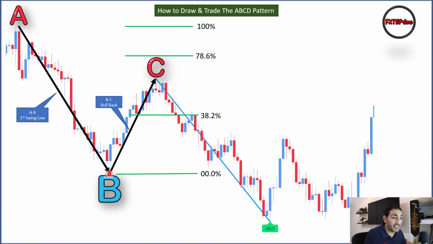I'm going to put the 0 on the point B and the 100 on the point A, and I'm going to measure the retracement on this swing low. I don't want to measure the pullback because I'm going to decide whether this pullback is within the condition of this pattern. So I'm going to put the Fibonacci 0 level at point B and the Fibonacci 100 level at point A, and I'm going to measure this swing.